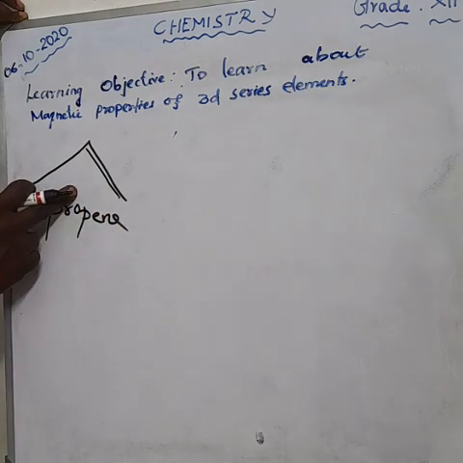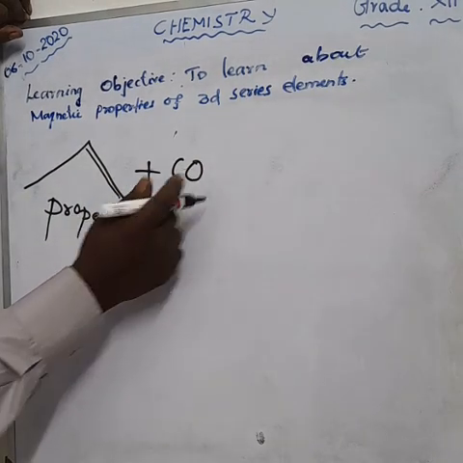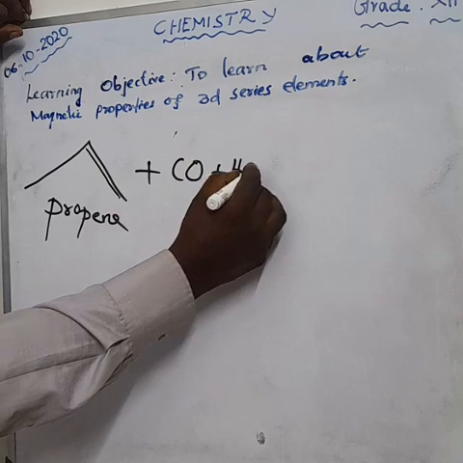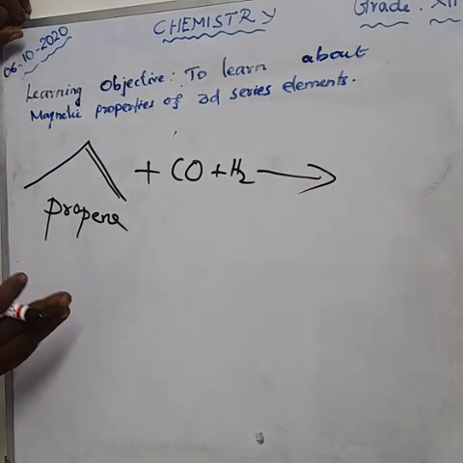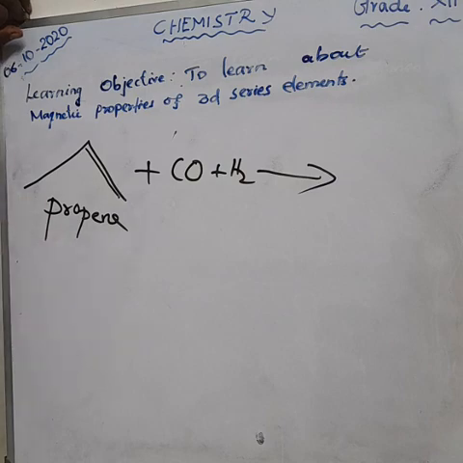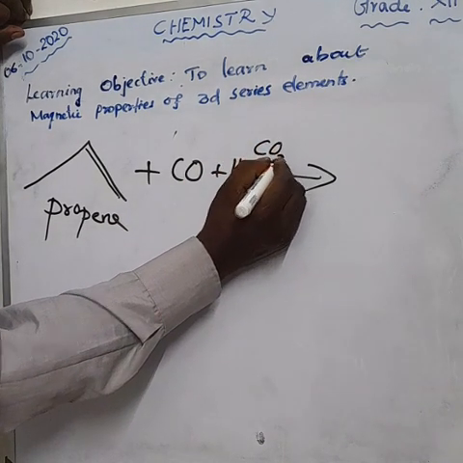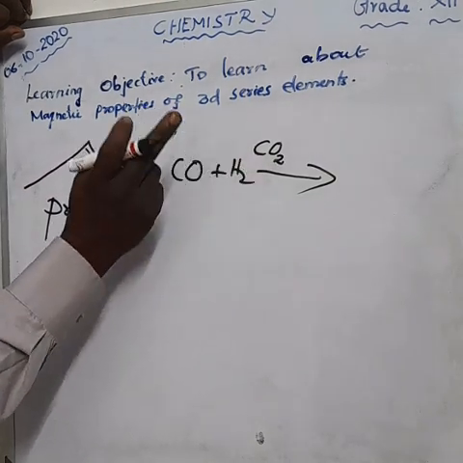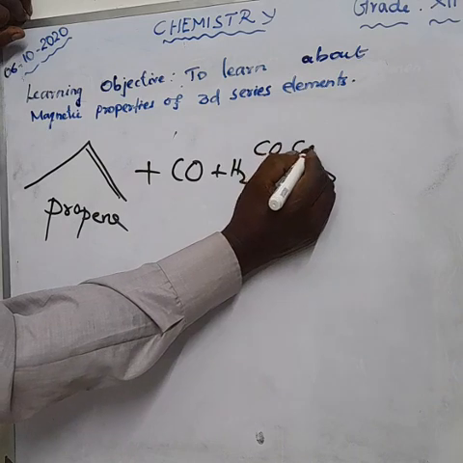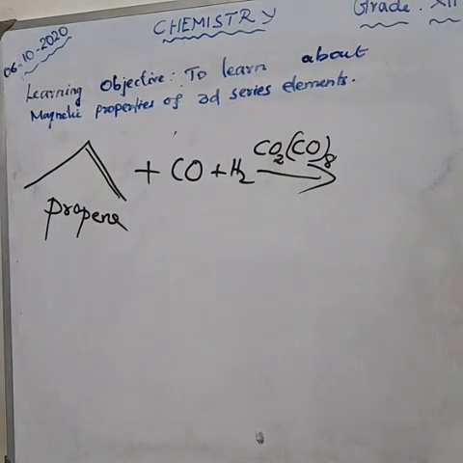What's the name of the compound? Propene. This propene reacts with carbon monoxide and H2. We use a catalyst called dicobalt octacarbonyl, Co2(CO)8, that is CO molecules with 8.